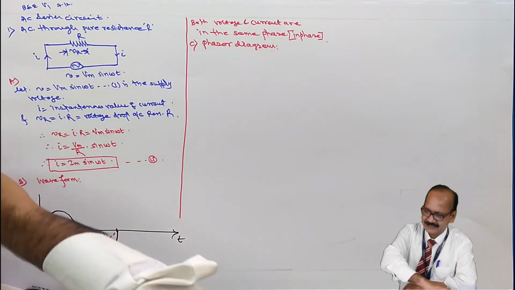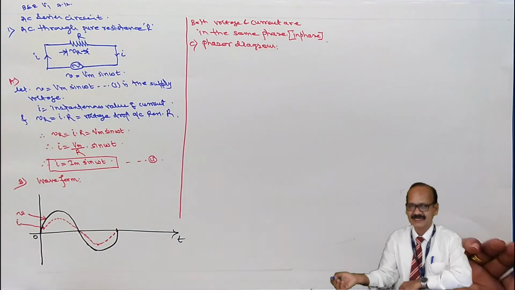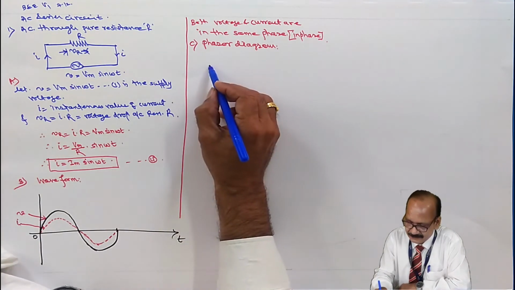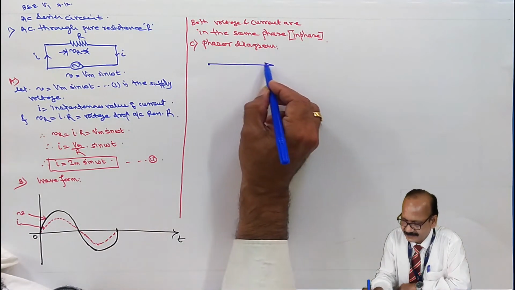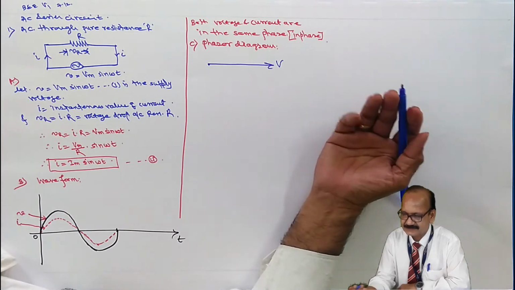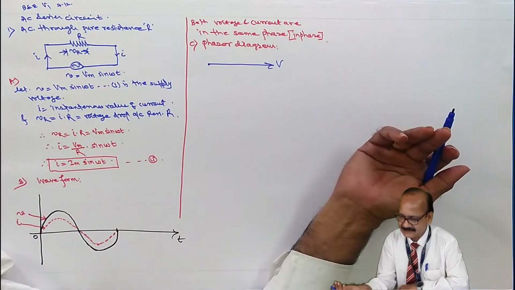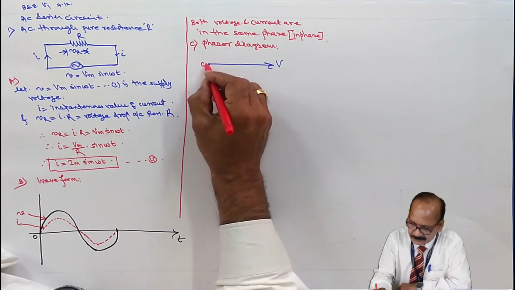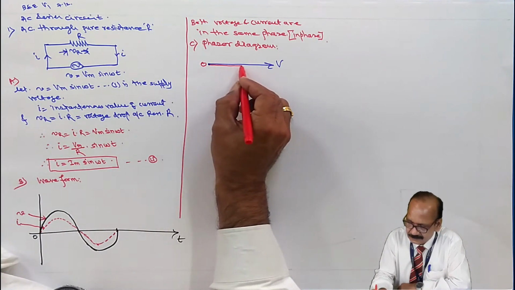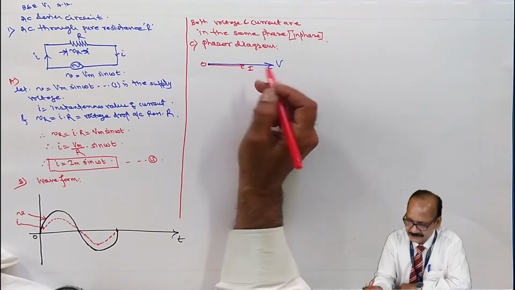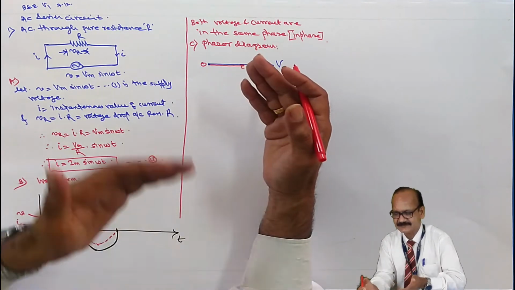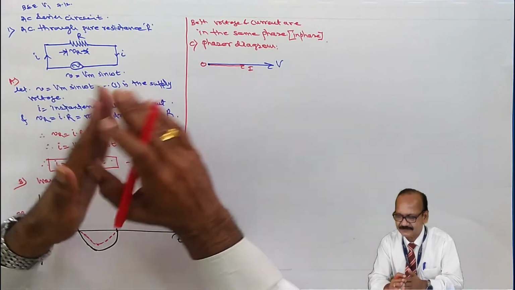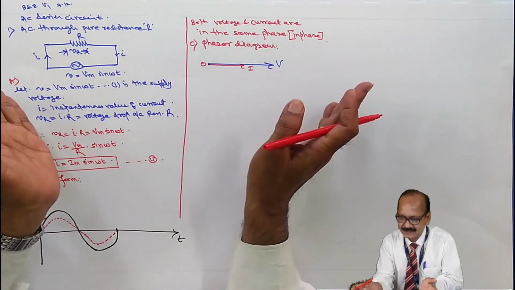Already we have studied that phasors are always represented by RMS values, and here both the quantities are reference, and therefore say this is V, capital V, because phasors are always represented by capital letters, and this is I. And actually, strictly speaking, it should be one above the other. There is no phase angle between voltage and current.